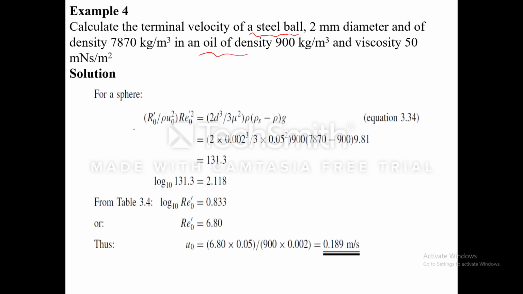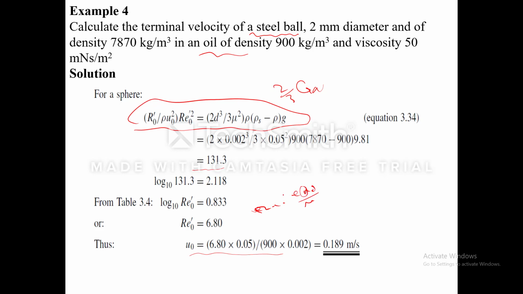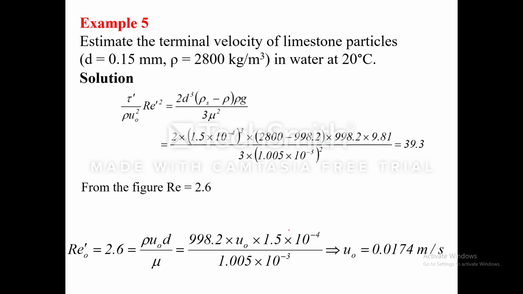For a sphere, we use this relation, which is no more than 2 over 3 Galileo number, and we can find that it is 131.3. Take log, and from table 3-4 we can find Reynolds equals 6.8, thus u naught will be 0.189, since we know that Reynolds Re equals rho u d over mu. Here u is unknown and Reynolds is known, so we can compute u.